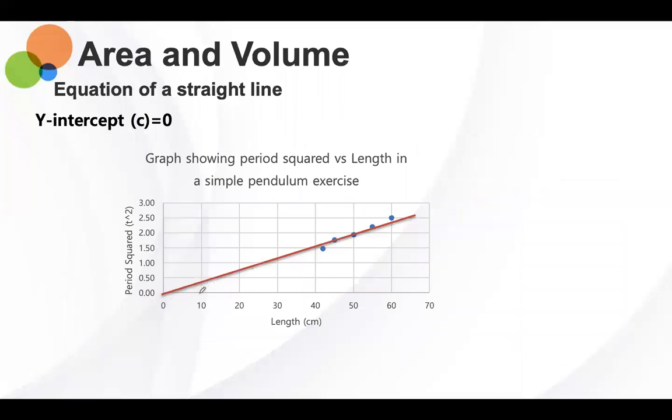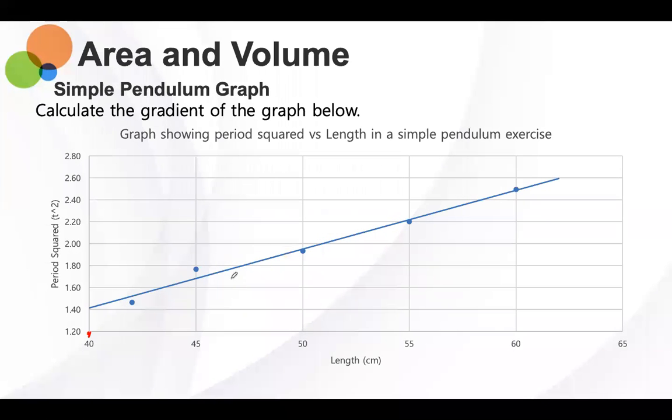We realize that most of the values are in this area, so we cut out these values because it's wasting paper, to make it easier for us to read, and we are able to better calculate our gradient.